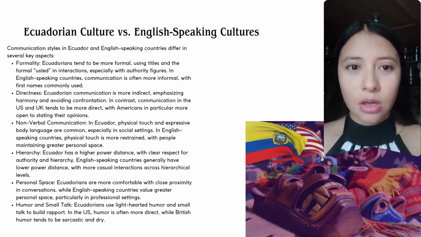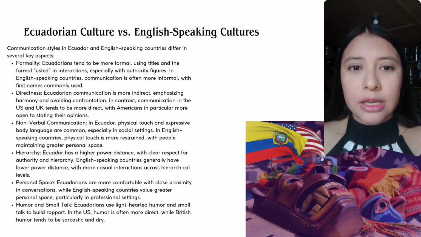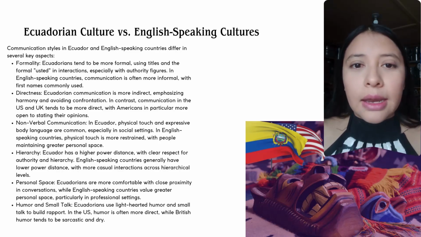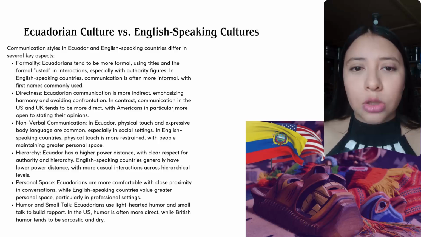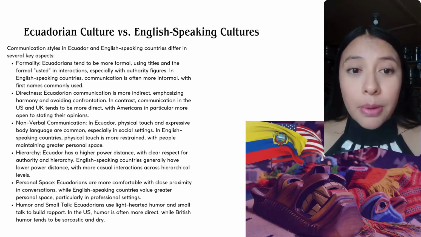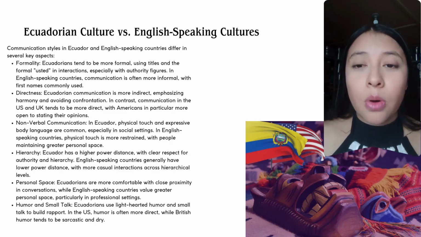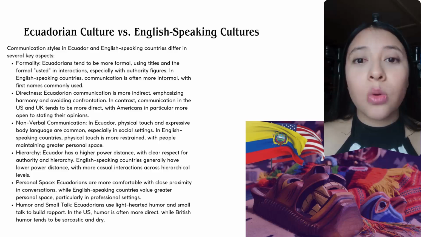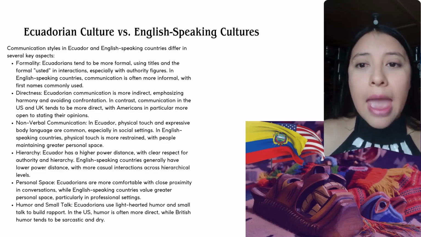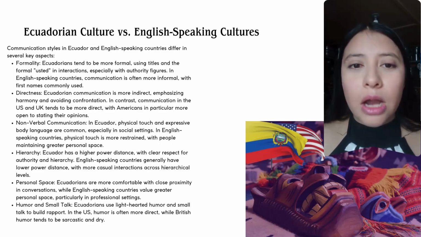Nonverbal communication: in Ecuador, physical touch and expressive body language are common, especially in social settings. In English-speaking countries, physical touch is more restrained, with people maintaining greater personal space. Hierarchy: Ecuador has higher power distance, with clear respect for authority and hierarchy. English-speaking countries generally have lower power distance, with more casual interaction across hierarchical levels.